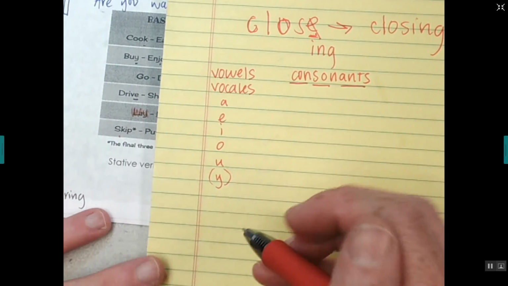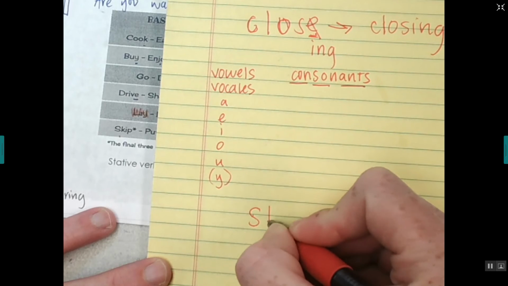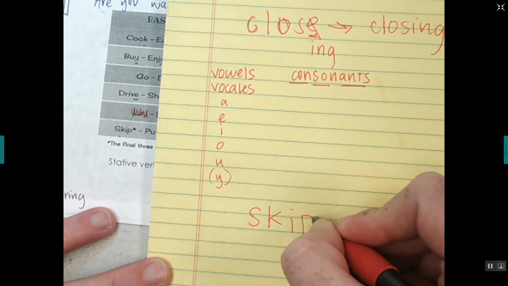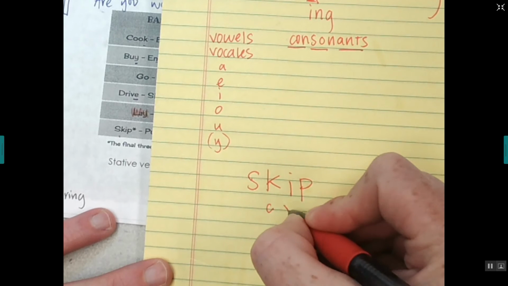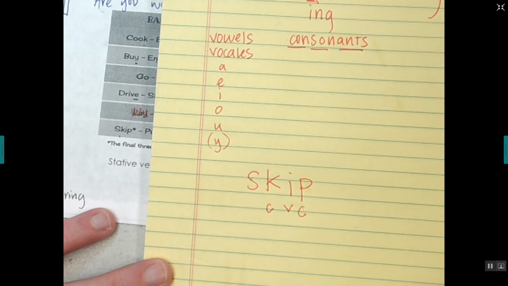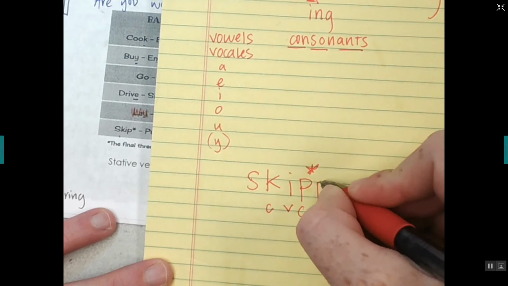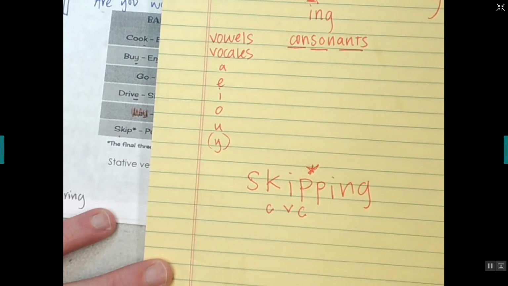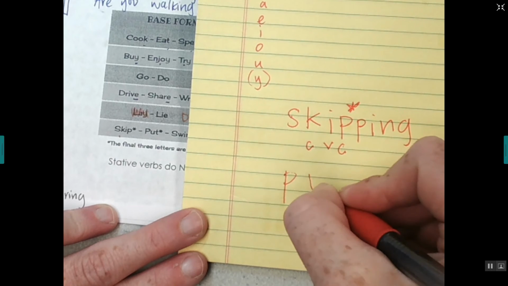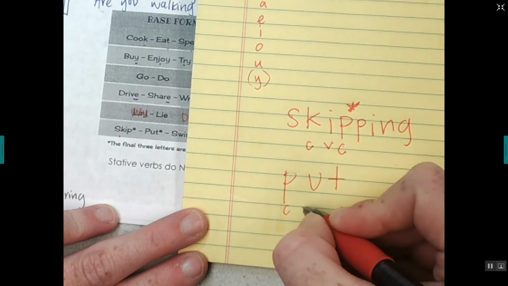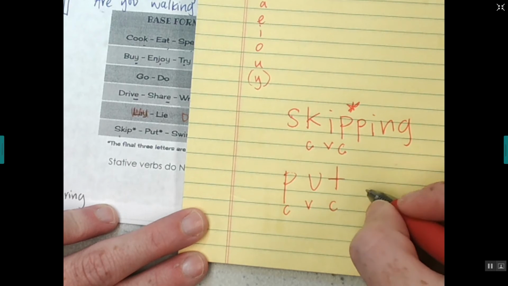So if at the end of the verb, like let's do skip. At the end of the verb, if there's a consonant, a vowel, and a consonant, then you're going to double the final consonant when you do the ing. Skipping. Okay? Put. P, U, T. Consonant, vowel, consonant.